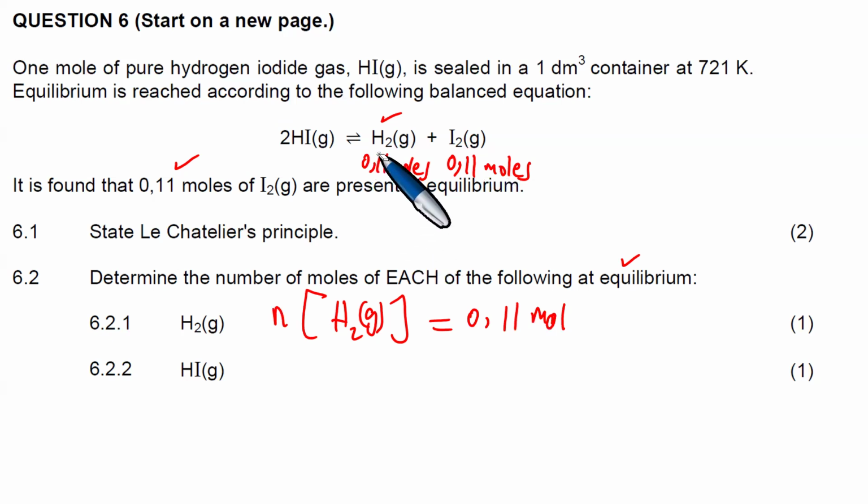Why? Because these are in the ratio 1:1. At equilibrium, the ratio is 2:1:1, so the number of moles of hydrogen is in the same ratio as the iodine, 1:1. So if the iodine has 0.11 moles, it means hydrogen also has 0.11 moles there.